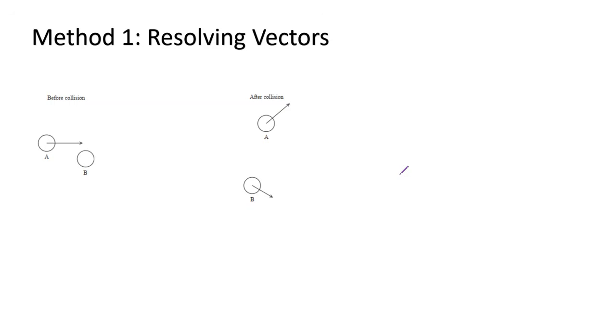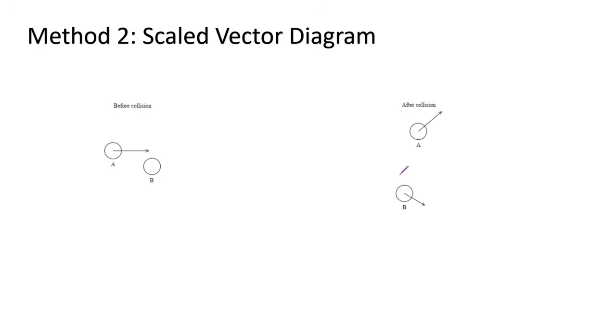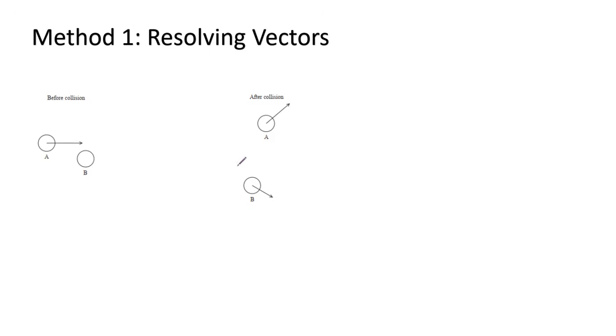So you can solve this question in two separate ways. One is resolving vectors, the other one would be scale vector diagram. So let's look at resolving vectors first. So let's say if this angle is given, so this, let's call this final velocity of A, will actually have two components. One would be, let's say this is theta, so this is VA cos theta, and this would be VA sin theta.